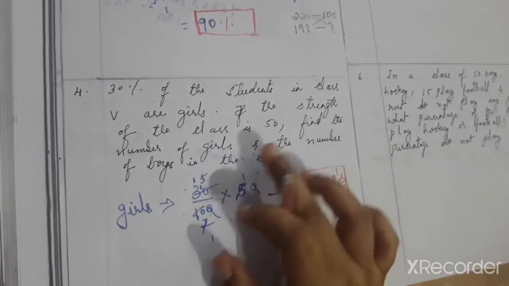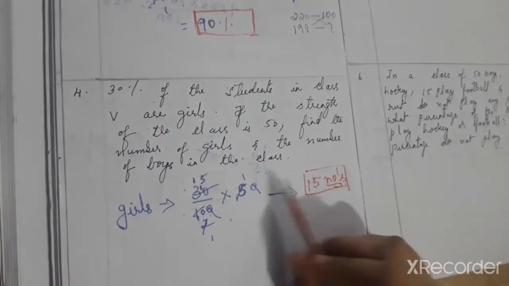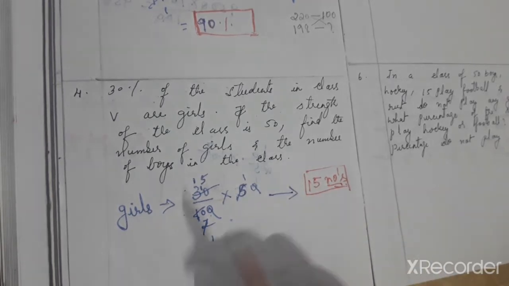Now we have to find the number of boys in the class. Out of 50, 15 are girls, and the remaining are boys.